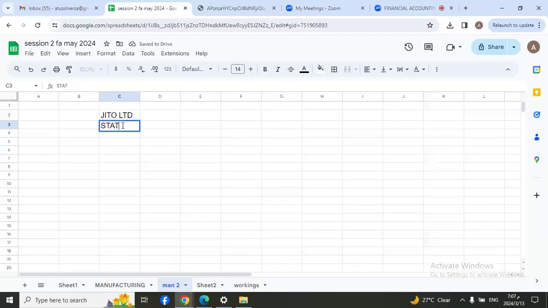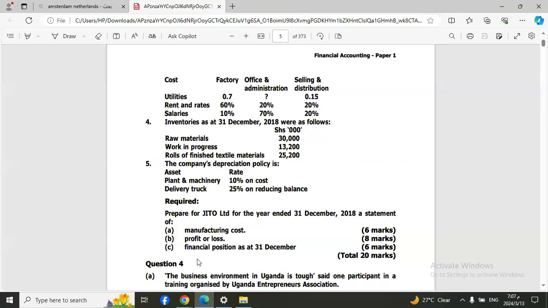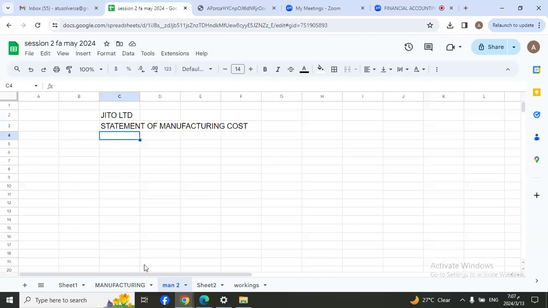So we shall say statement of manufacturing cost. Then come and check the year: for the year ended 31st of December 2018. So we say for the year ended 31st of December 2018.